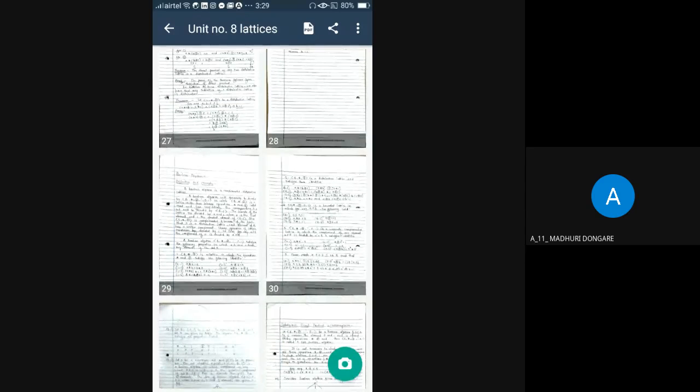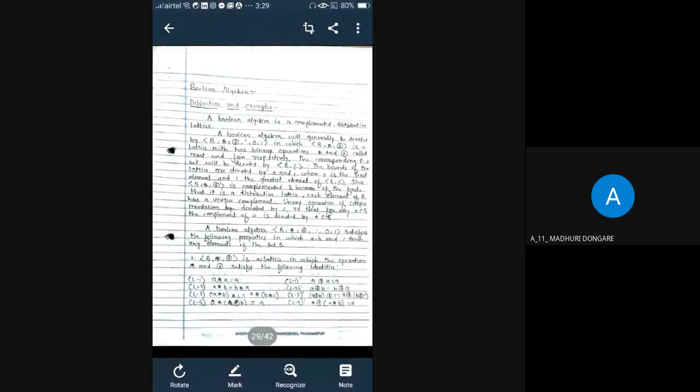So, what is the definition of Boolean algebra? We have already seen that Boolean algebra is a complemented distributive bounded lattice.